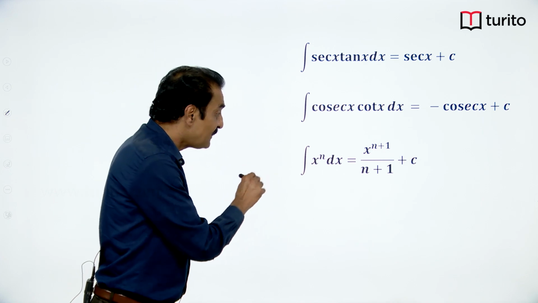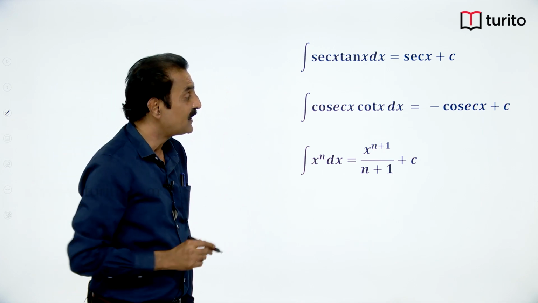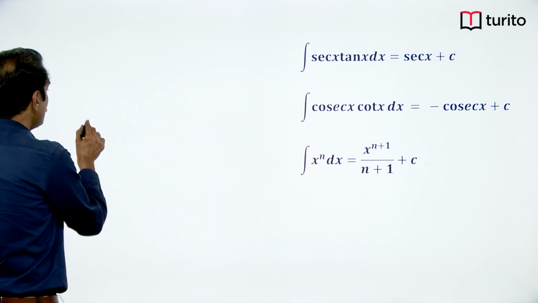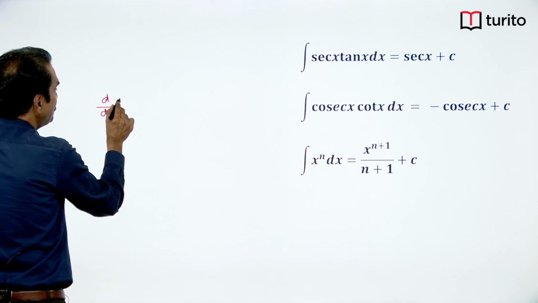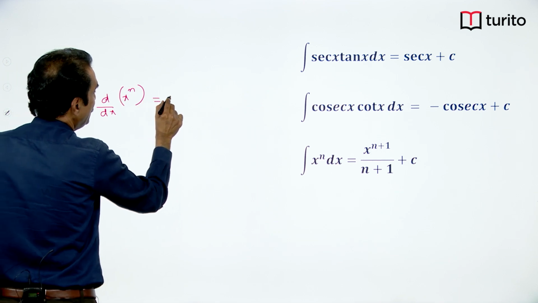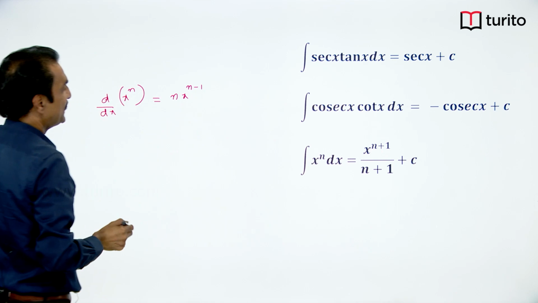Integral of x power n with respect to x is x power n plus 1 by n plus 1, because you know the formula in differentiation, d by dx of x power n is n x power n minus 1.